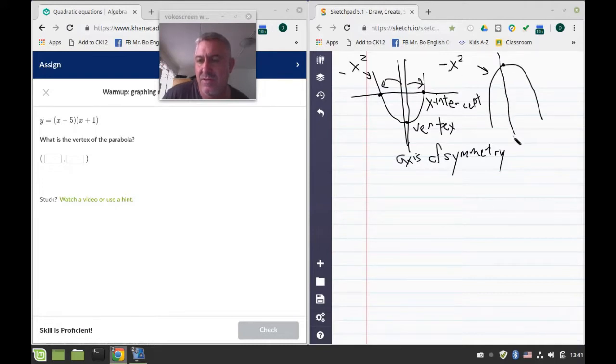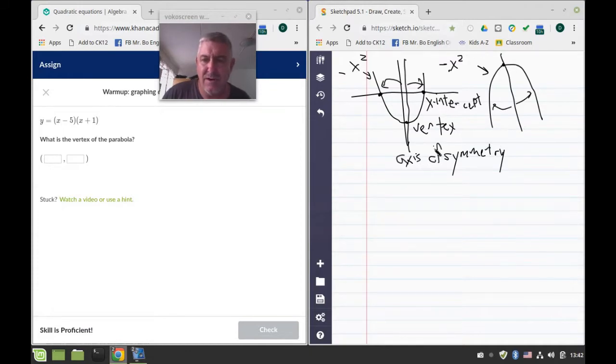If the parabola opens down, then these two distances are going to be the same too, and they're kind of like a mirror of each other. We saw that when we were working with absolute values too.